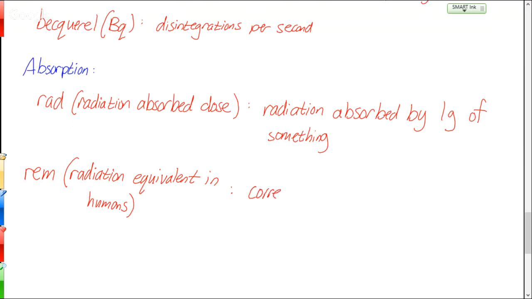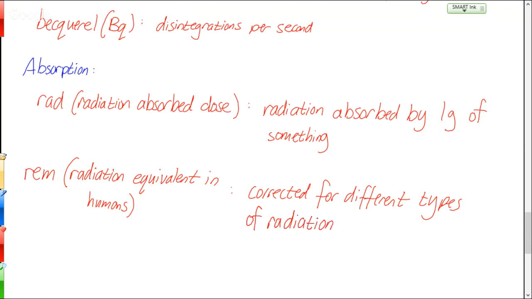And we'll just say that's corrected for the different types of radiation. So for instance, alpha particles do more damage than beta particles.